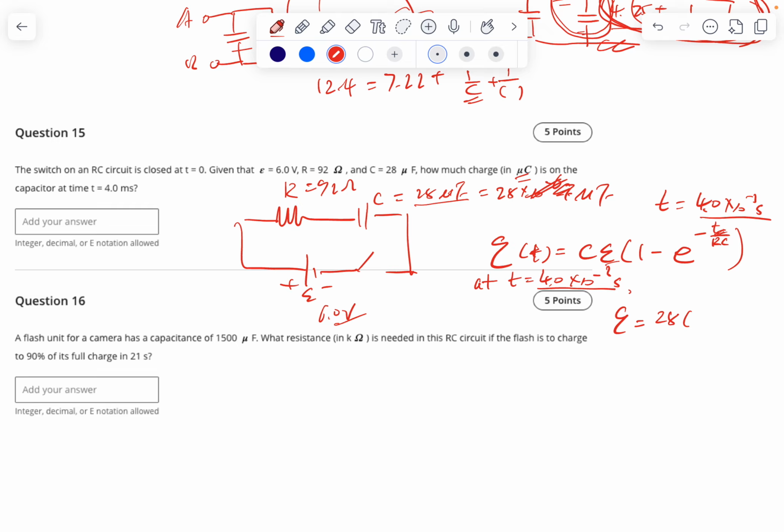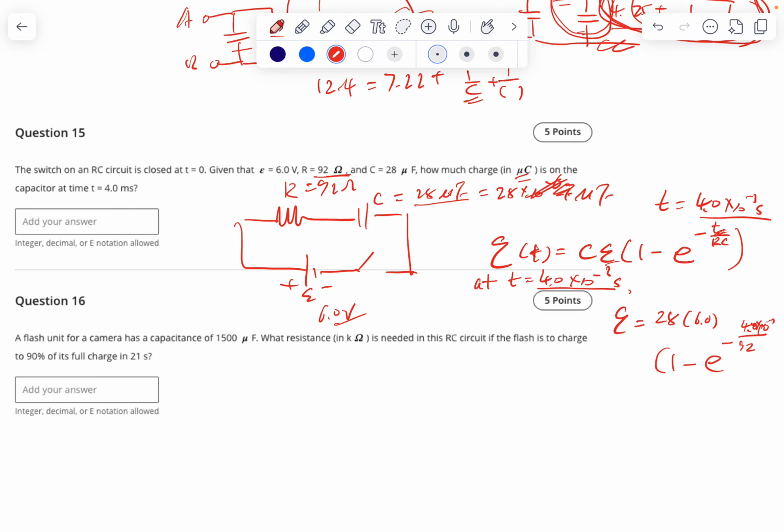28, 6.0, 1 minus e to the negative t, 4.0 times 10 to the negative 3, divided by RC. So R will be 92. For C, you have to put SI units to make the bottom in the unit of seconds.